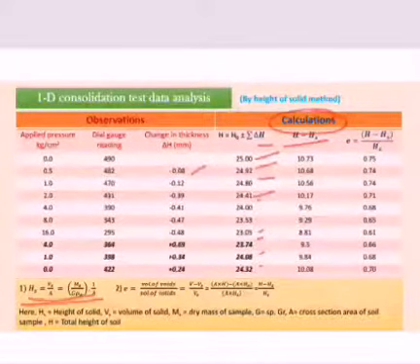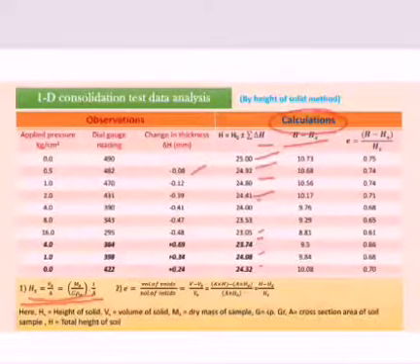The volume of solid we can write using this formula: Vs equals Ms divided by G into rho W. Ms means the dry mass of the sample, G means the specific gravity of that sample, and rho W is the density of the water.